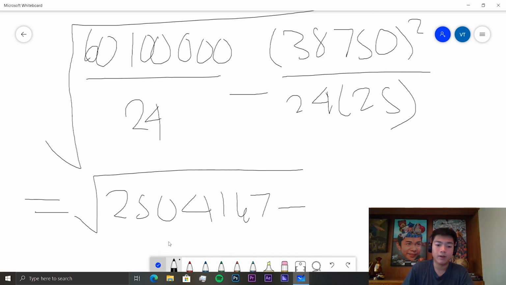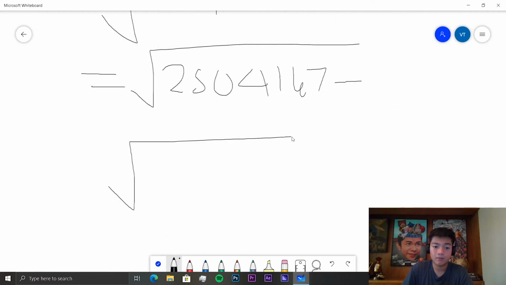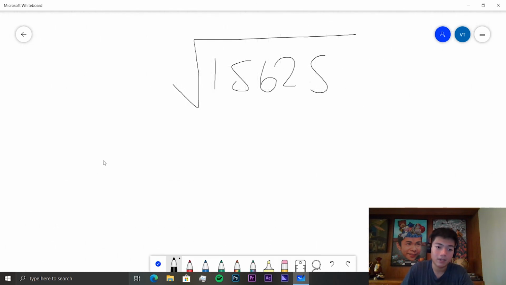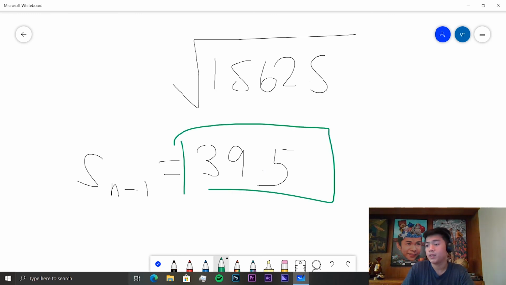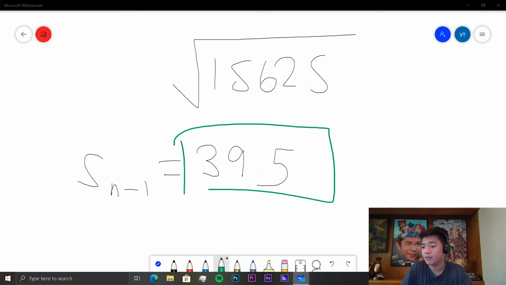What I'm getting is around 1,562.5 as the variance, and therefore the standard deviation should be the square root of this, which is around 39.5 minutes. So the standard deviation for the batteries would be around that value, and that sounds about right.